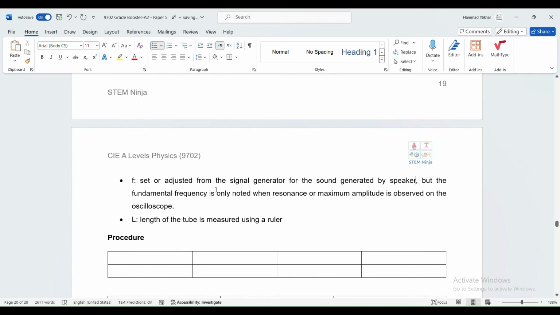But the fundamental frequency is only noted when resonance or maximum amplitude is observed on the oscilloscope as received by the microphone placed at the other end of the tube.